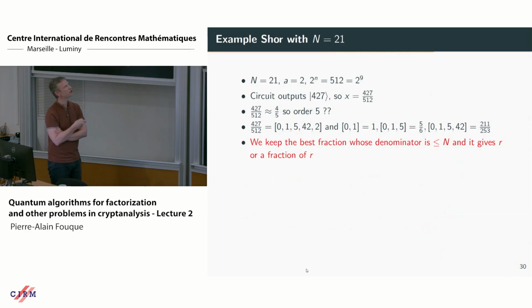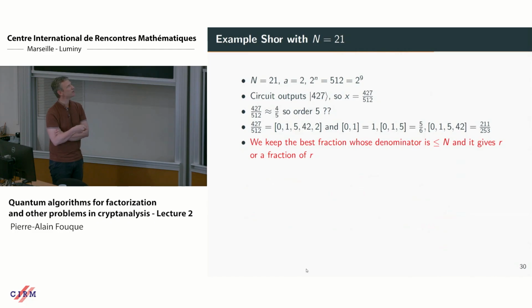So it's an integer. It's close to some rational value, but it's not exactly that value. Okay? So for instance, if I divide this value by 2 to the n, I will get this value. One thing that you can do is notice that it's about 4 divided by 5. Okay?